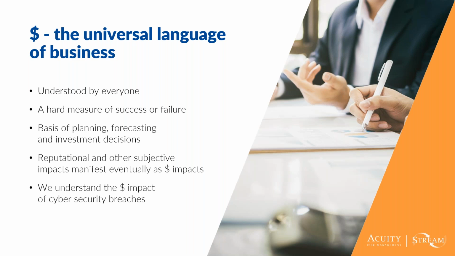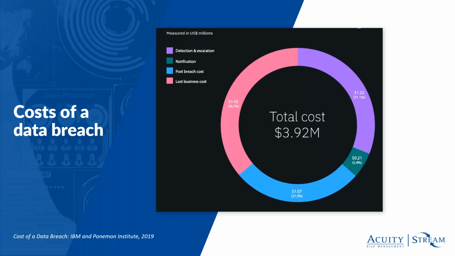And then finally, we increasingly these days understand the financial impact of cybersecurity breaches. There's a lot of research that's done and published, and this is just a simple example from one of those reports. The Ponemon Institute in 2019 produced a report on costs of data breaches, and I've just taken this slide from there.